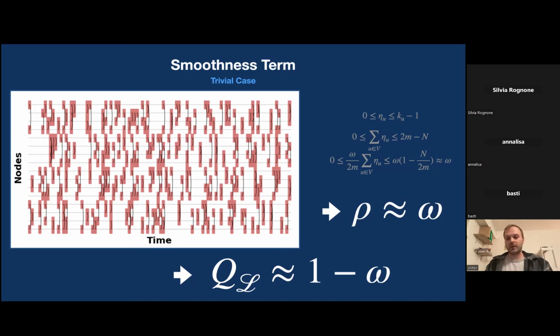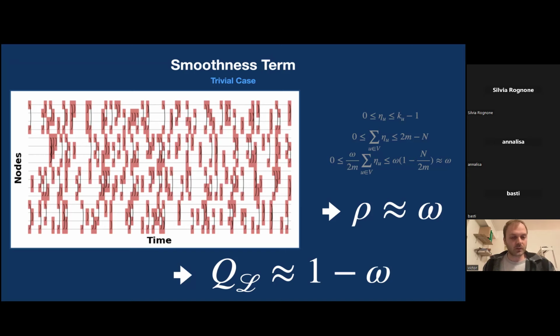So in this case, if we take the smoothness term that I introduced in the previous slide, we can see that the smoothness term will be equal to omega approximately. So the modularity with any expectation term and with this smoothness term will be approximately equal to 1 minus omega in this case. So the smoothness term is here to favor communities that will be continuous, and also to prevent such a trivial case.